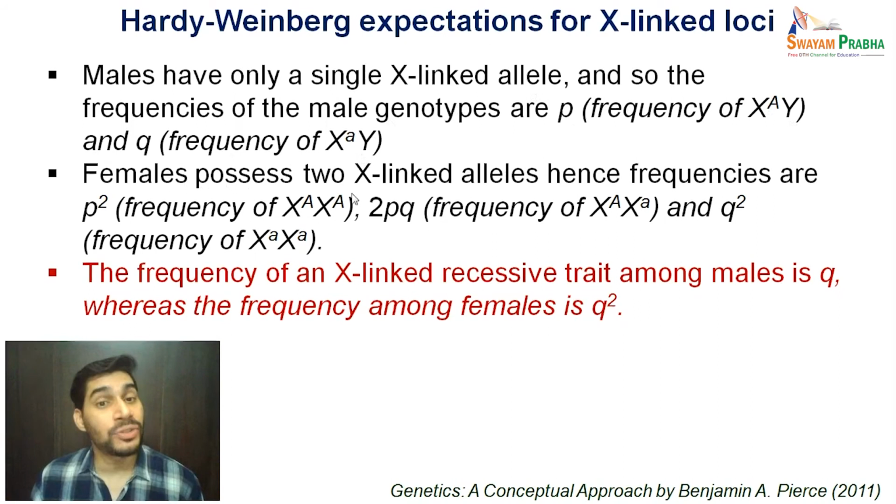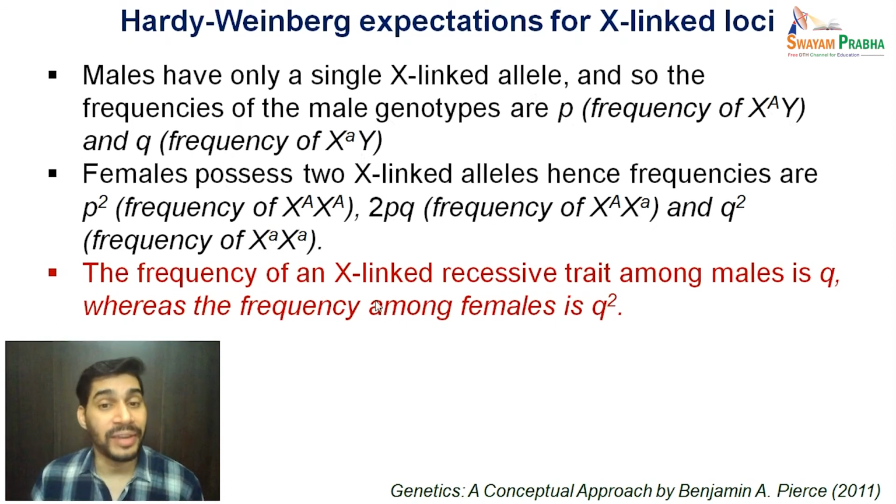Females possess two X-linked alleles, hence the frequencies are P square, that is XAXA, 2PQ XAXa in terms of dominant and recessive, and Q square, that is the frequency of XaXa, both recessive.